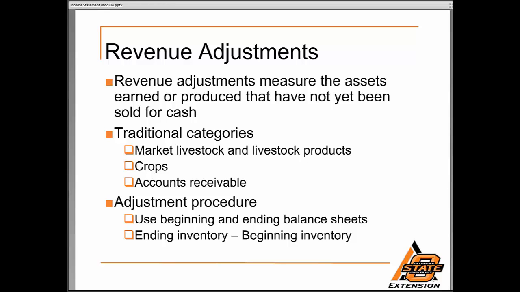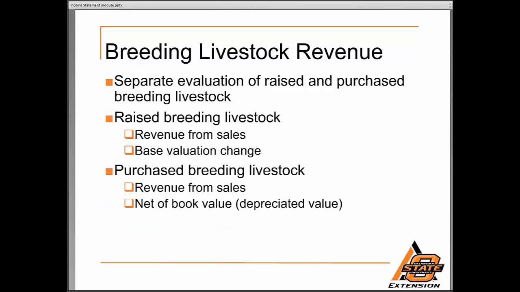This demonstrates the impact of selling wheat that was produced in a previous year. Your cash receipts for wheat sales would have included the $20,000 of wheat that had been held in storage. If you do not make the negative revenue adjustment, you will overestimate your wheat revenue for the year.